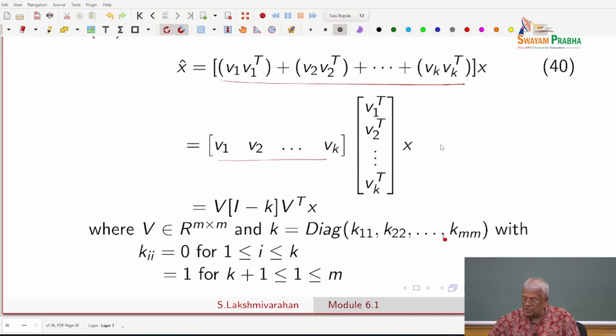With that, we come to the end of the discussion on the population based analysis of PCA. So this lays the theoretical foundation.